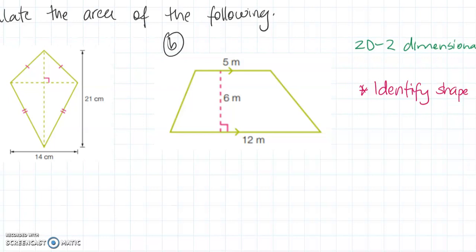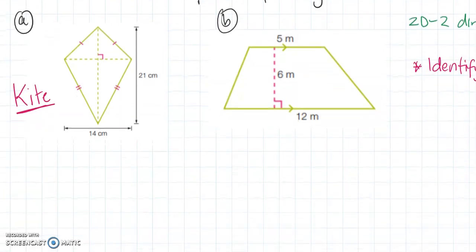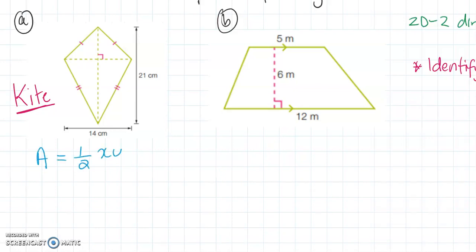Now, our first shape, shape A, is a kite. Once you identify that it's a kite, look for the formula to find the area of a kite. The area of a kite is given by half x times y. What are x and y? You'll need to identify x and y on your shape.